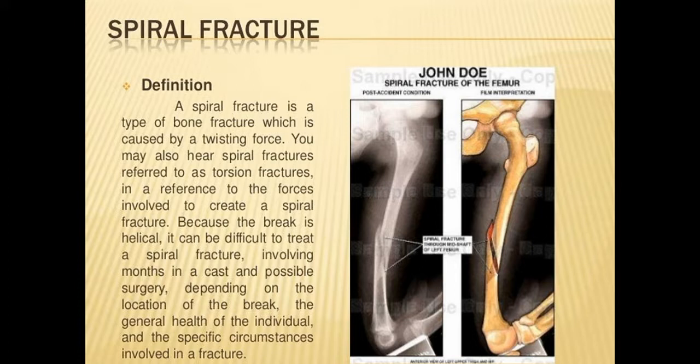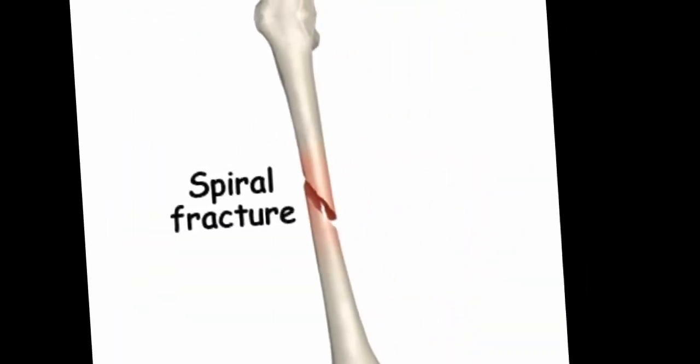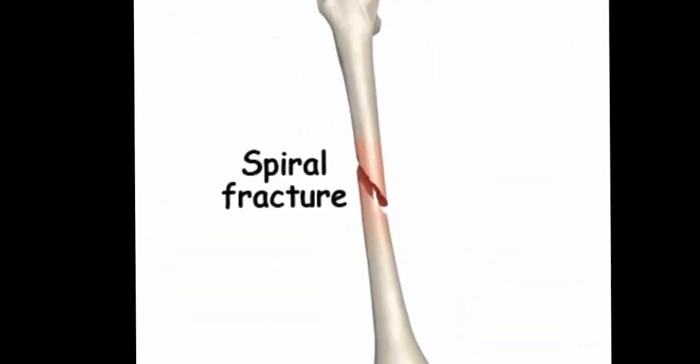Okay, you may also hear spiral fractures referred to as Trojan fractures, in reference to the forces involved to create a spiral fracture. Because the break is helical, it can be difficult to treat a spiral fracture, involving months in a cast and possible surgery depending on the location of the break. So the general health of the individual and the specific circumstances are involved in a fracture. This one is the spiral fracture.